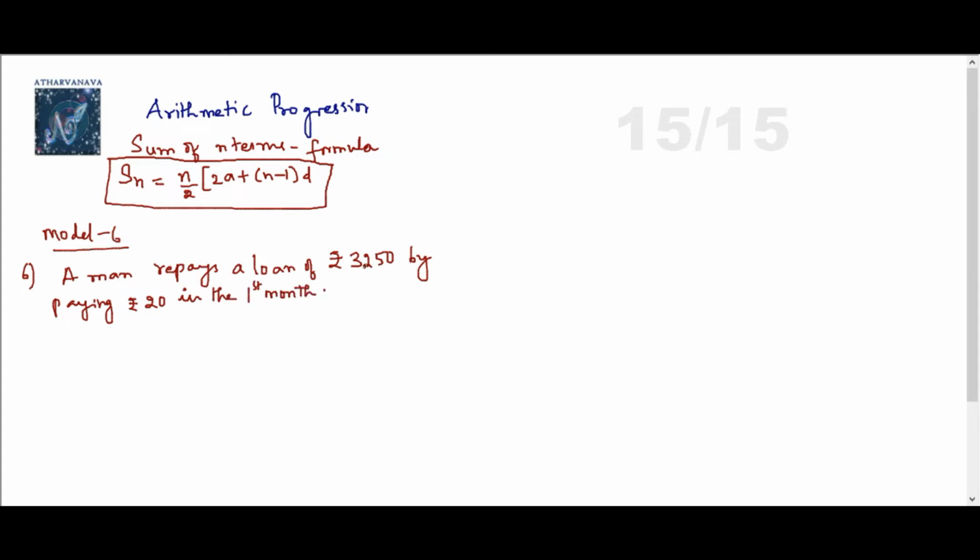And then he increases the payment by rupees 15 every month.